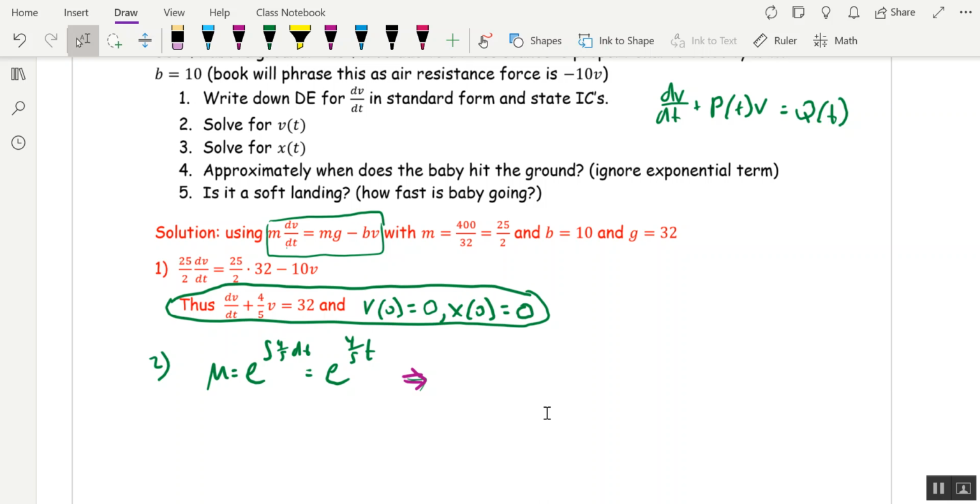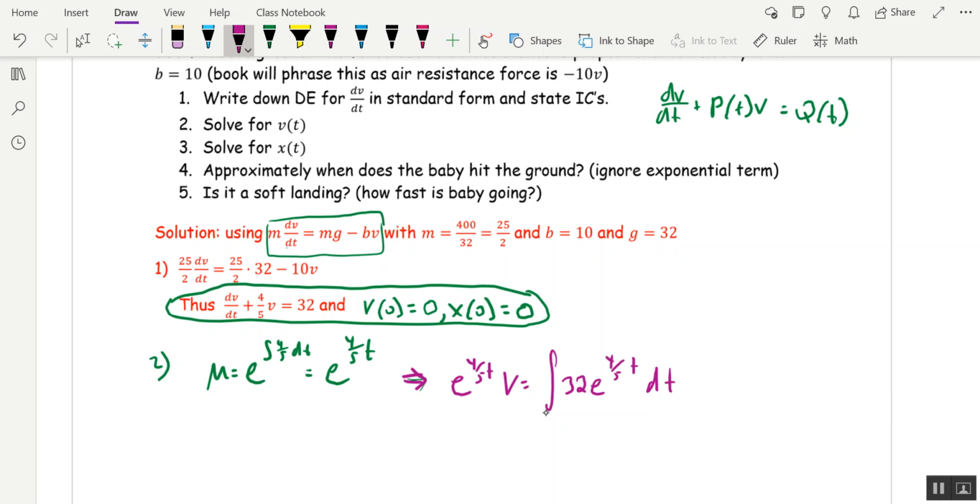So now I've got the equation mu v, so e to the 4/5 t v is the integral of mu q. So q is 32, so 32 e to the 4/5 t dt.